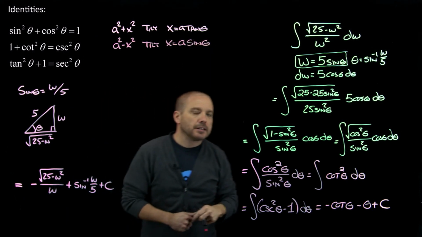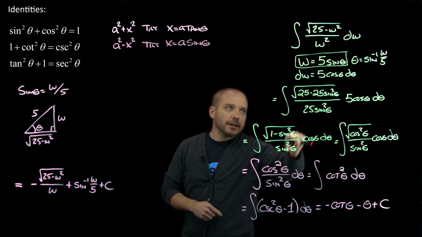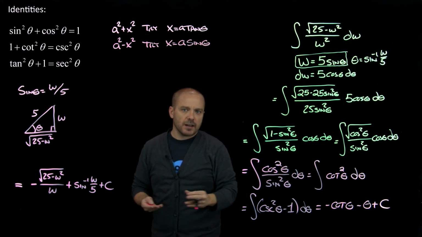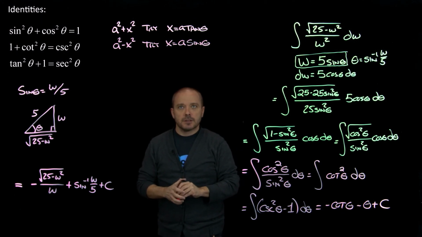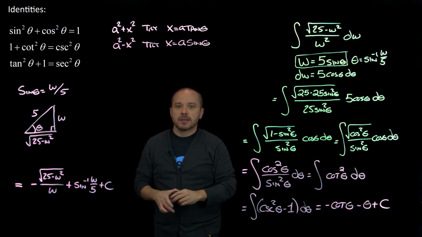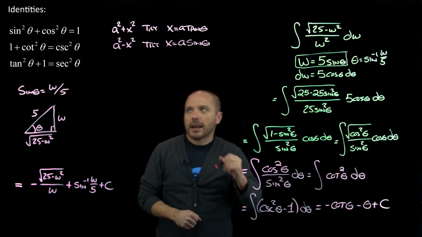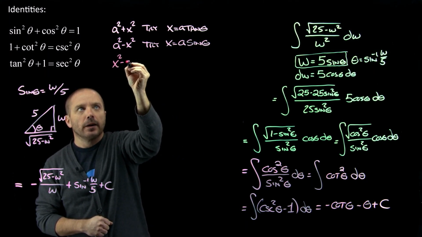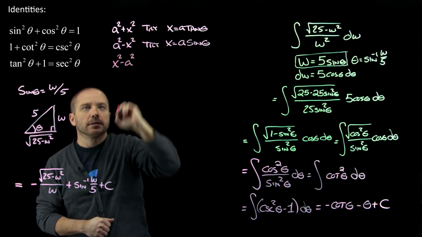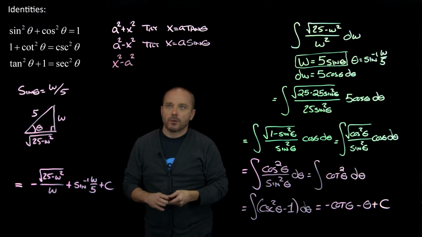As we saw in this example, you'll end up at your trig identity if you use sine or cosine, but again, we'll just stick with the non-cofunctions. So we have one more left. What we'll look at next time is what about x squared minus a squared? So we'll look at that one in the next video.